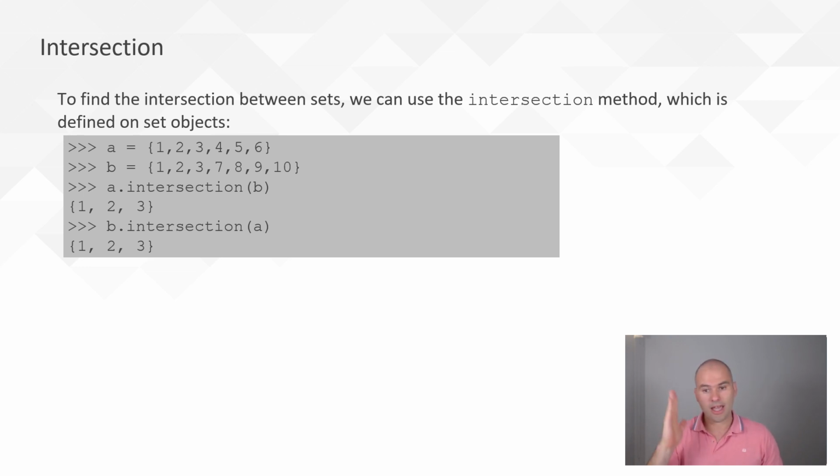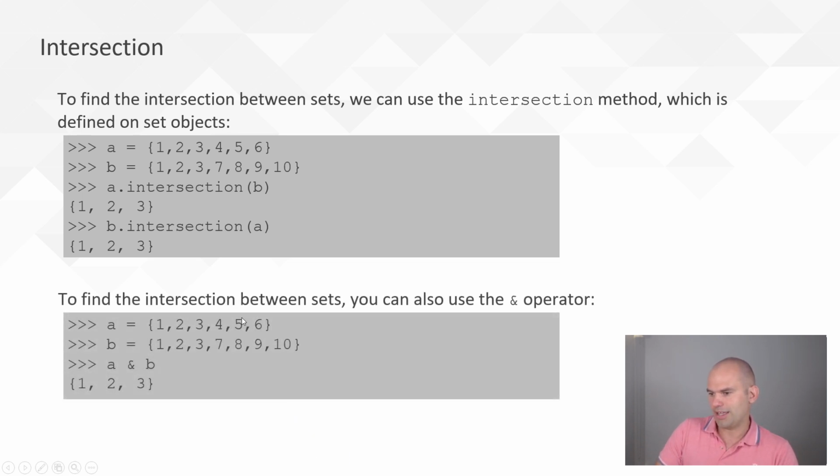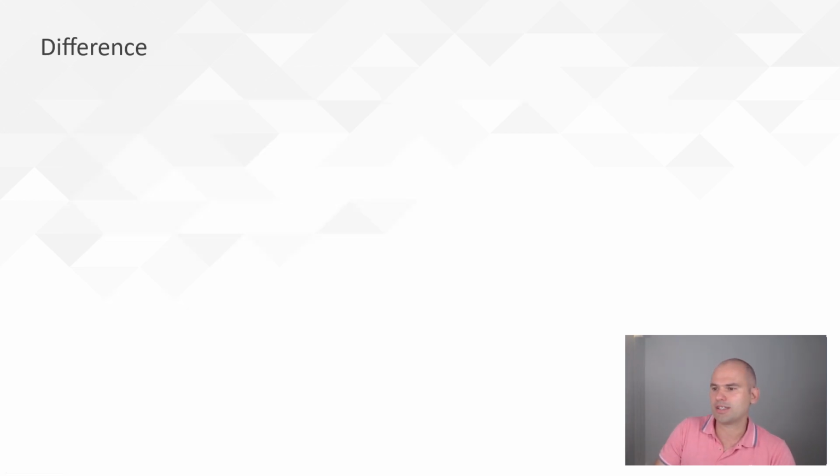And much like that dash operator, there is a special operator for the intersection, which is A and the ampersand sign B.